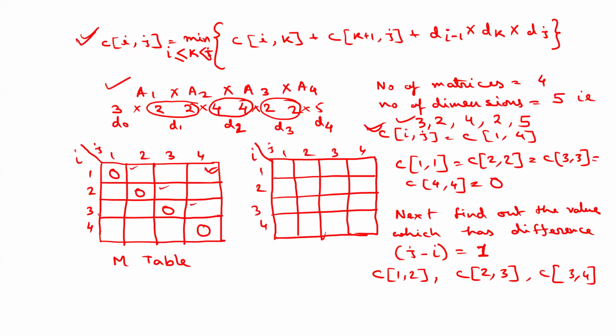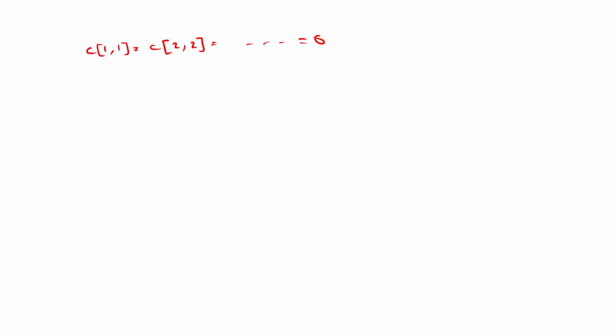So first, we know that C11 and C22 are both 0. Next we calculate the first cell, C12. That means here i equals 1 and j equals 2.